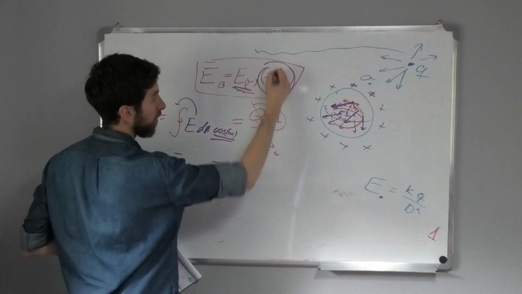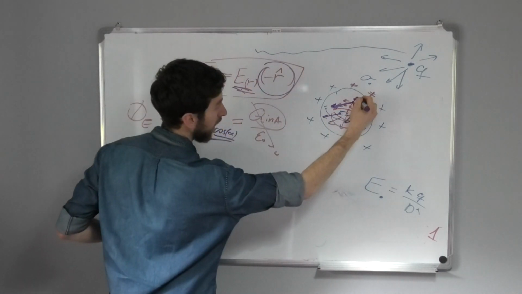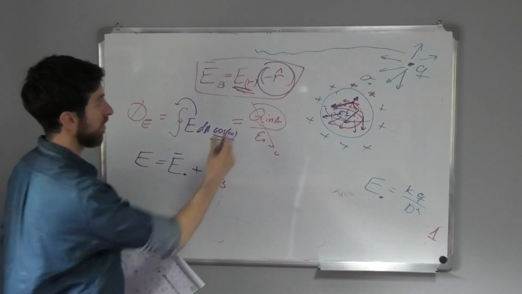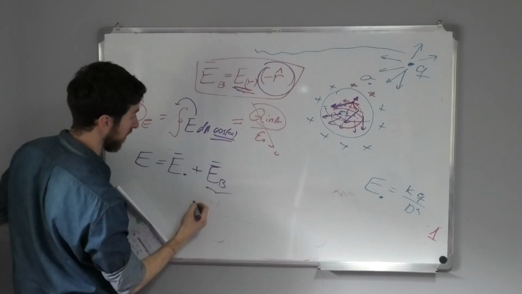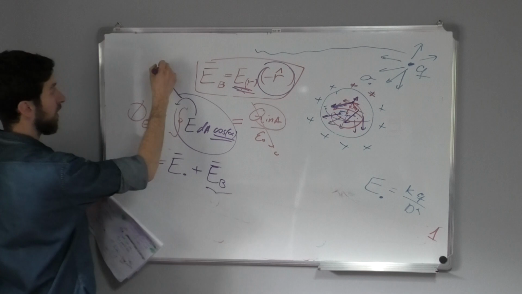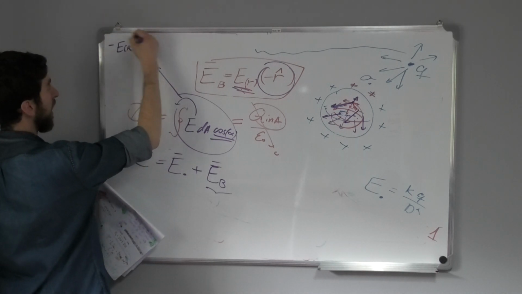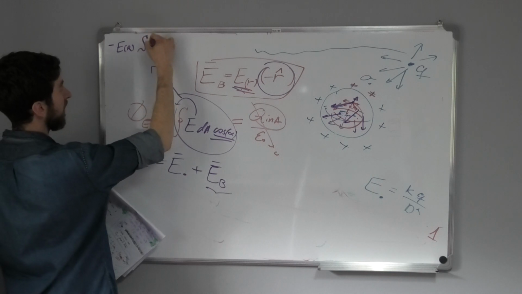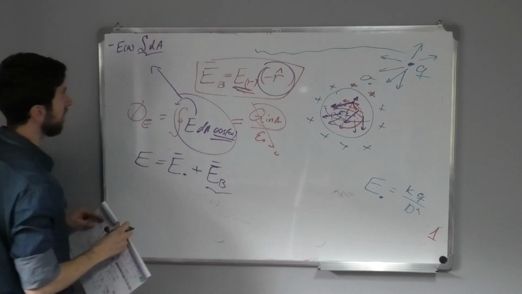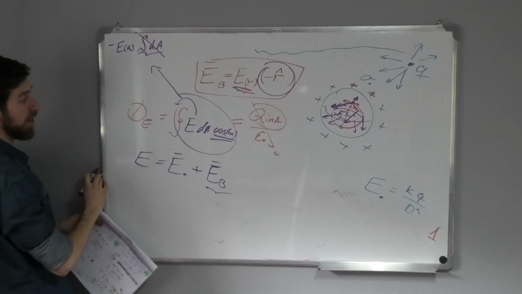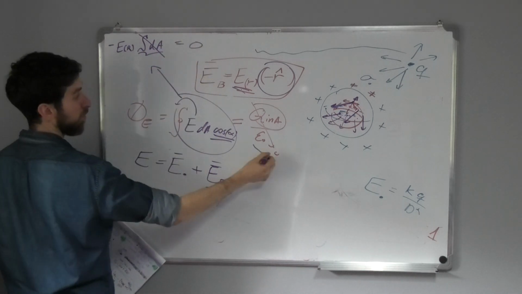So this is minus R and dA is outside, so I get that E_B is equal to E_R minus the integral of dA, which is the size of the sphere. This is a constant, so I can divide by it. This is equal to 0, the total charge.